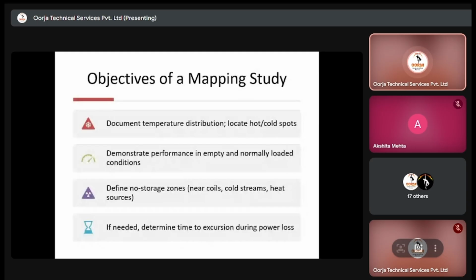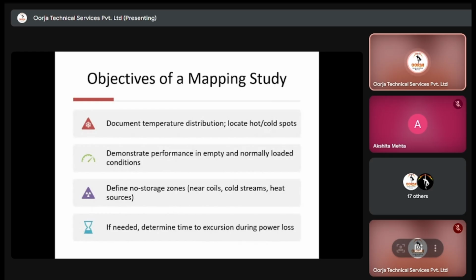Second is to demonstrate the performance of the area under empty and normally loaded conditions. As we know, when any area is empty, the overall volume where the air distribution happens is more. When we place some product inside the area, the effective volume becomes low.